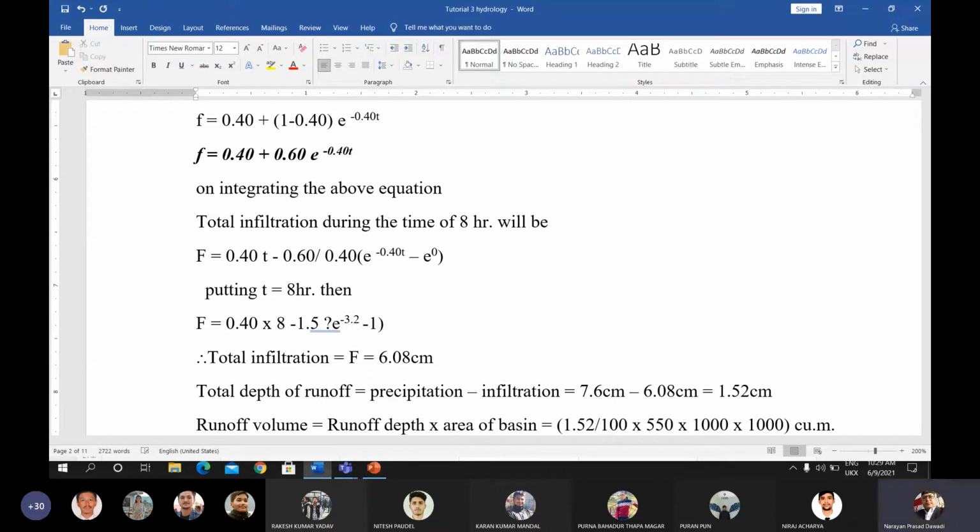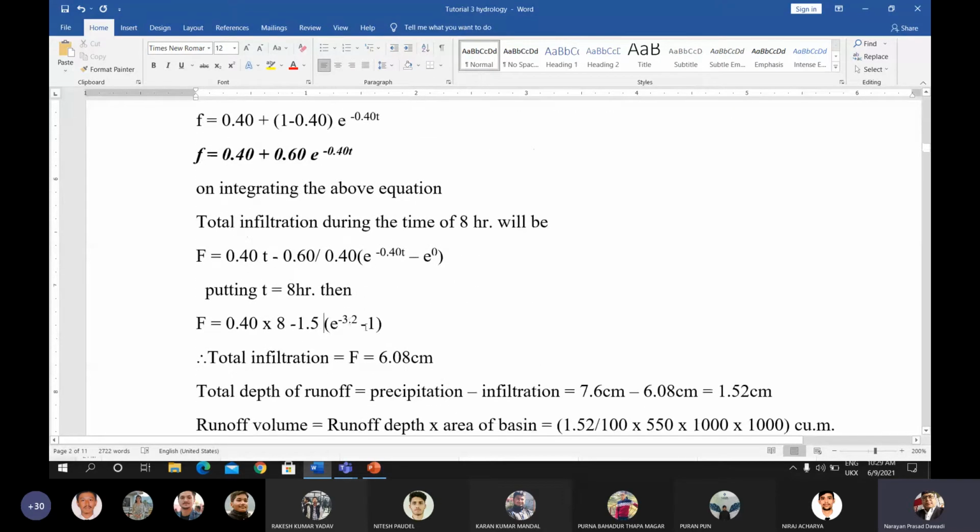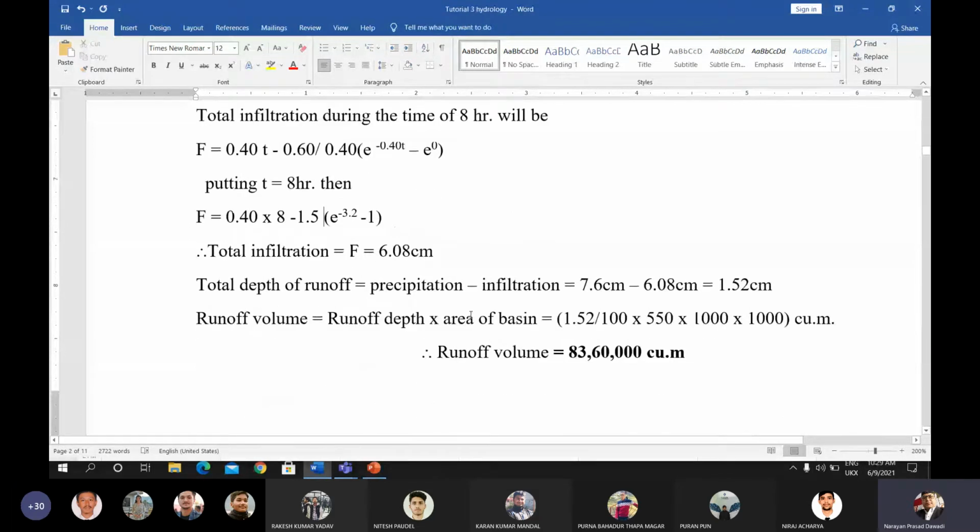So F is 0.40 into t minus 1.5, e power minus 0.4 into t. T will be given as 8 hour, and it gives 3.2 minus 1.5.